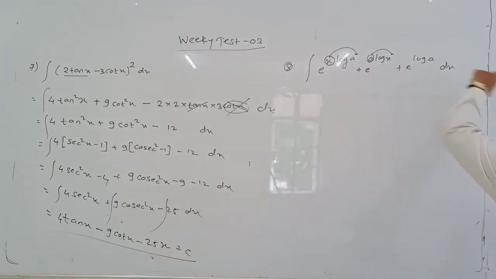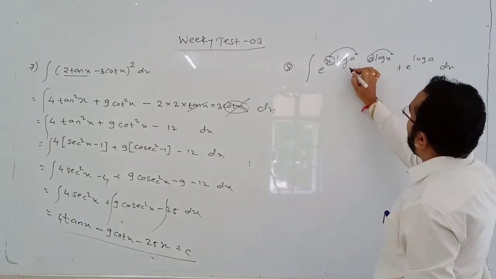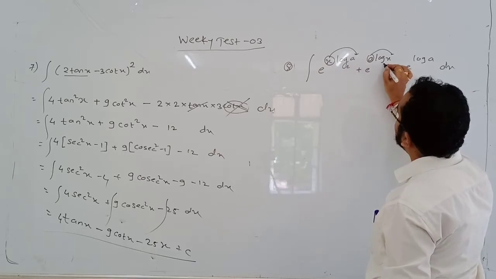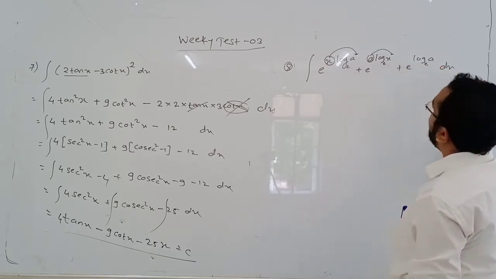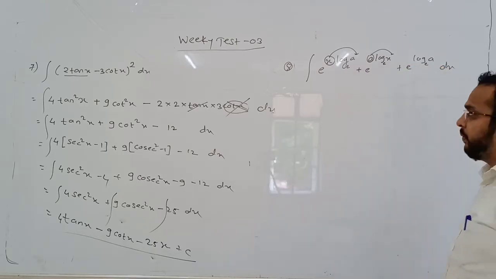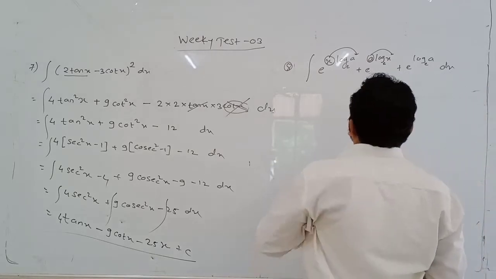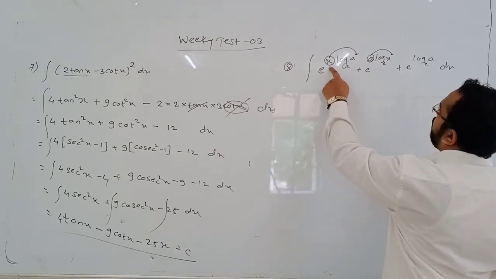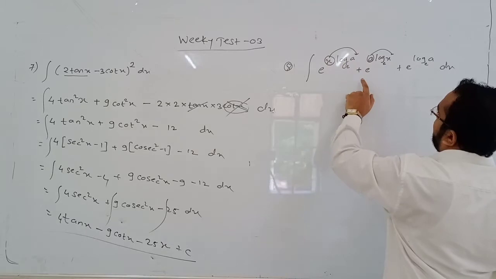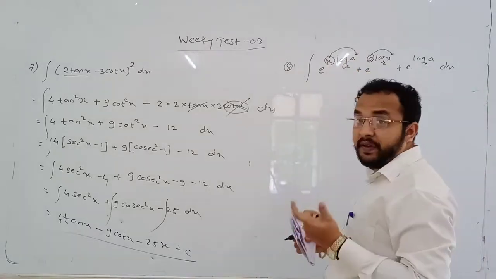See, whatever log is mentioned in the question, which are in the power, the bases are e, all bases are same. So this x, which is a coefficient, we can use as alpha, which will go to the power of the index.